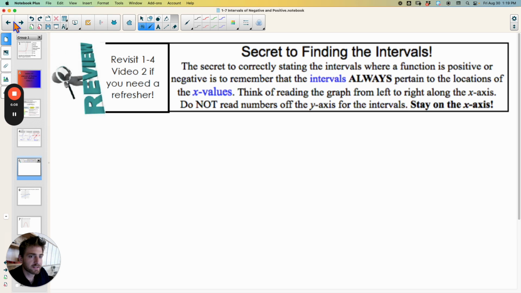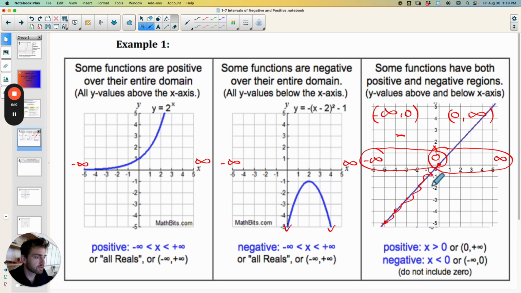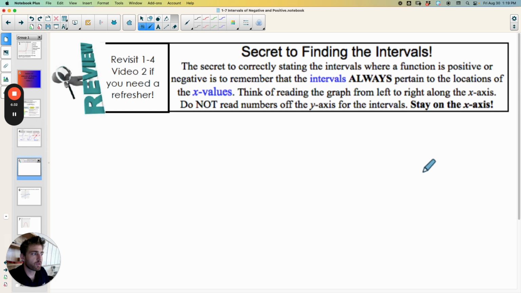So on this last example, what is the y doing over here? Well, the y is negative. Now we give our answer in terms of a domain, if you will, as to what the x input would be. So just be aware that you're looking at the y to see what it's doing, but you're giving your answer as an interval of x's.